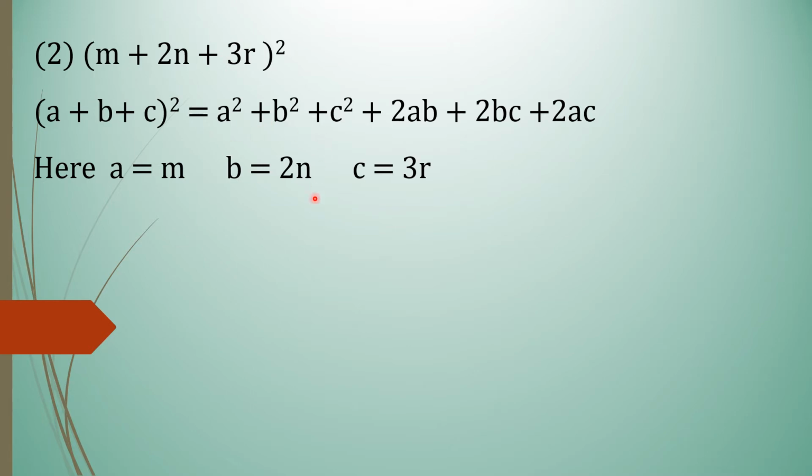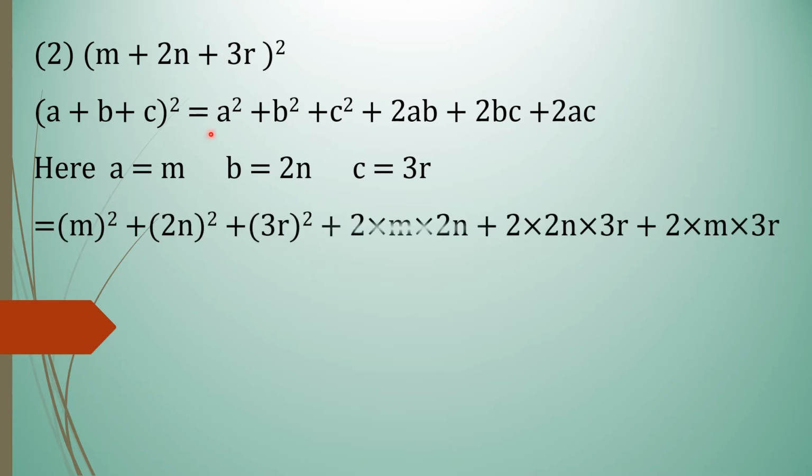So we'll use the formula, that is a square, it will become m square plus b square will become (2n) the whole square plus c square. So 3r is my c term. So (3r) the whole square plus 2 into ab. So it will become 2 into m into 2n plus 2bc. We'll write down 2 into 2n into 3r plus 2ac. So 2 into m into 3r.